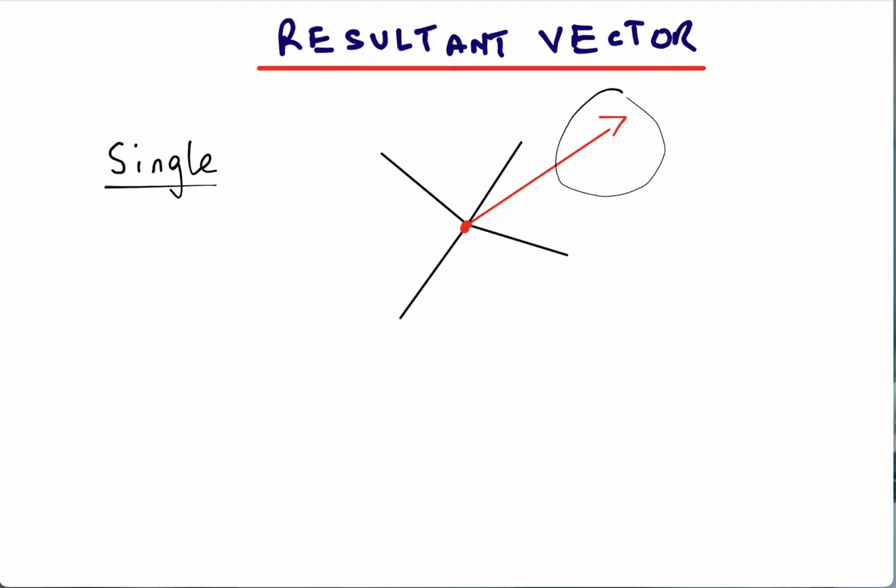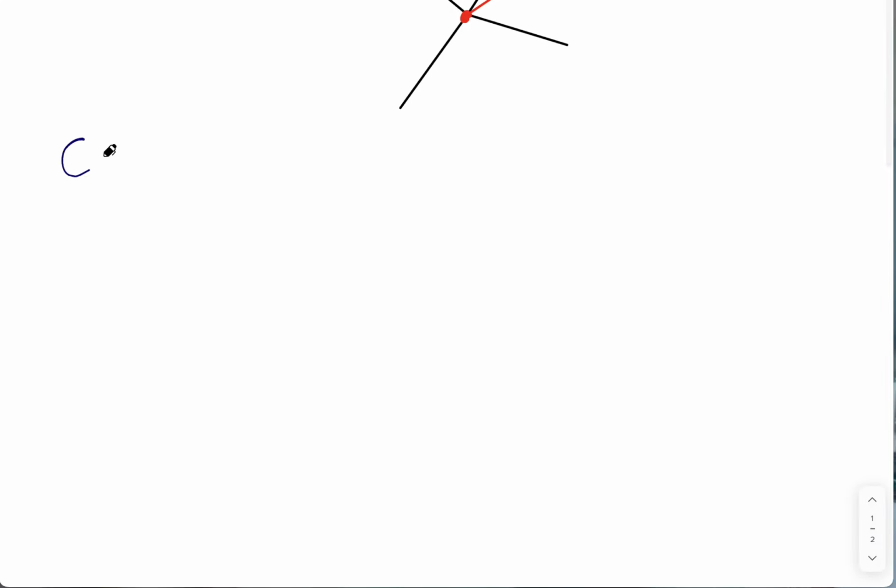So let me start with the first one. The first case, I'll call it case 1. Case 1 is the case whereby you have two vectors acting in the same direction.